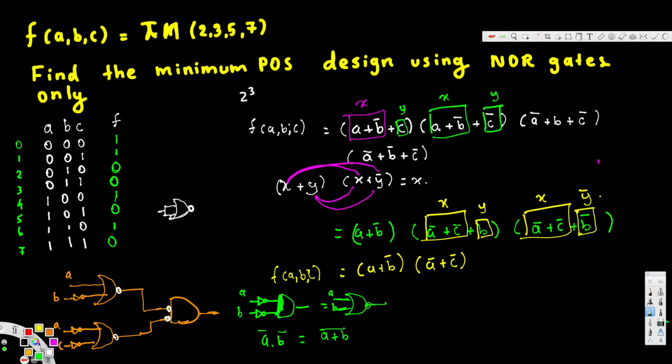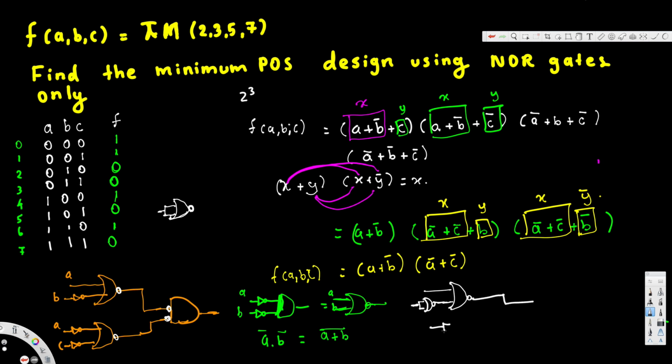Now let's go ahead and draw the circuit that contains only NOR gates. First I'm going to redraw this one. Here we have A, and then a NOR gate right here, and this NOT gate I'm going to replace with a NOR gate. The inputs are tied together, so we have a NOR gate like this, which is equivalent to a NOT gate.